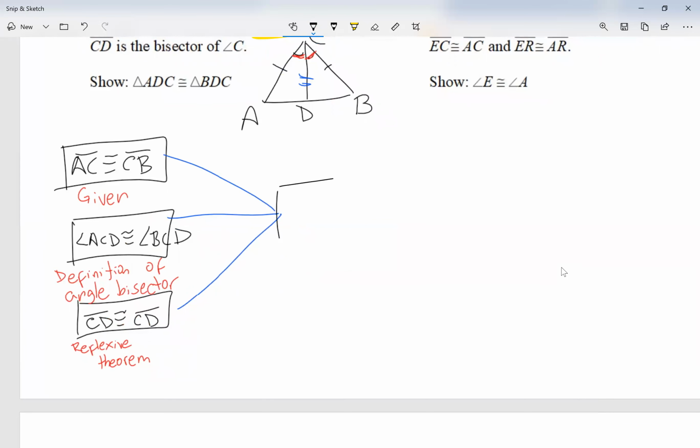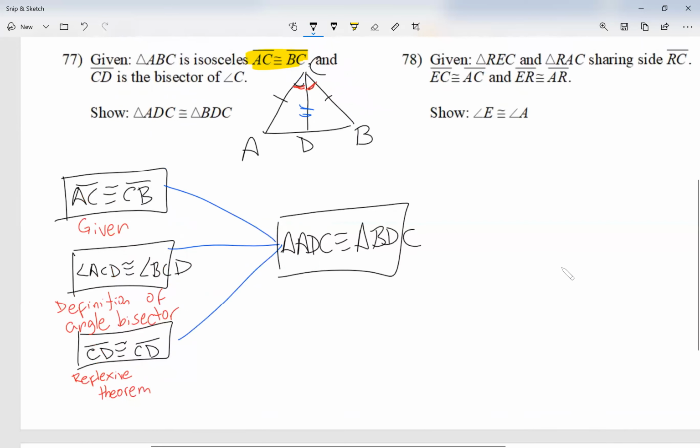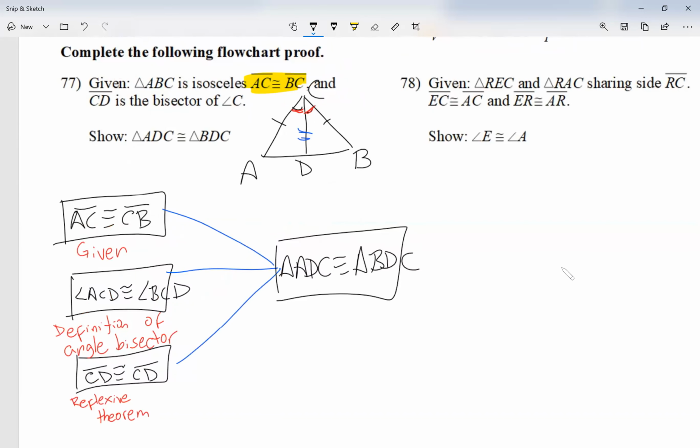Because I'm trying to prove that triangle ADC is congruent to triangle BDC. Let's take a look at the pictures here. Let me shade one triangle in yellow.